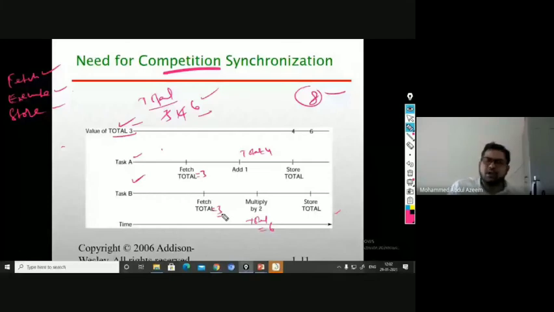Since the operations were not sequenced, they are concurrent, because you are allowing the operations to be executed concurrently. But when they are executed concurrently, the expected output I am not getting, as what I am basically looking for. Why has it happened?